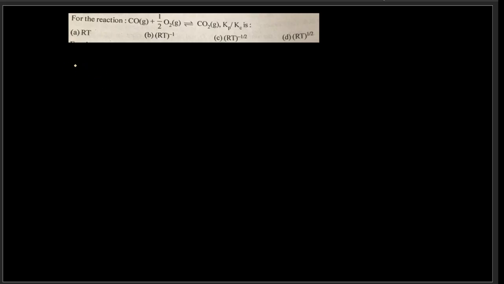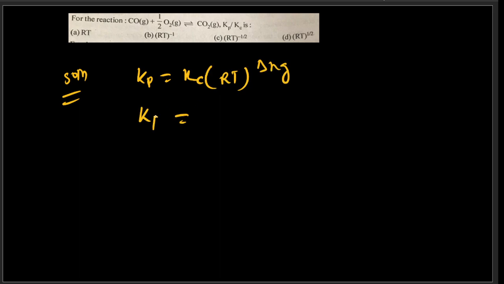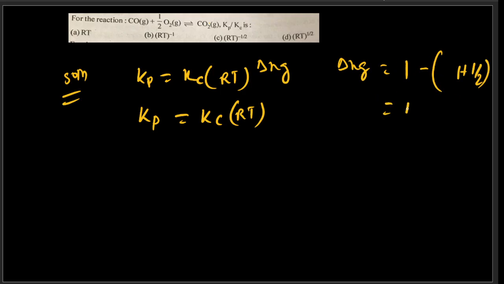Again, this is related to the relation between Kp and Kc. So we know Kp equal to Kc RT^Δng. So here, Δng: product side 1 and reactant side 1 plus 1 by 2, that is 1 minus 3 by 2, that is minus 1 by 2.